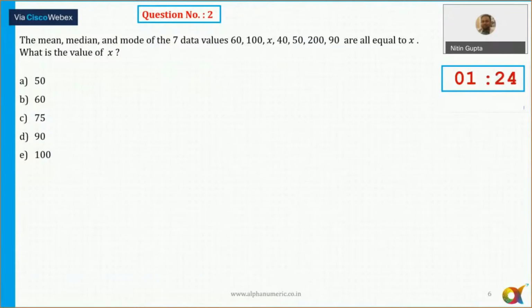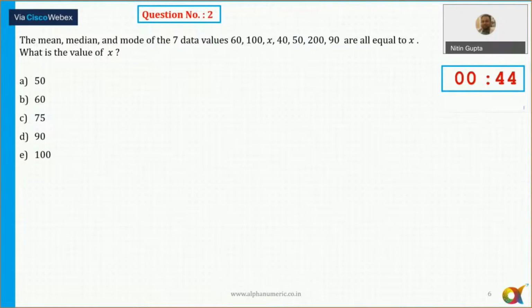Very easy question. Okay, Nikita is saying option D. Garima is also saying option D. We'll check that.